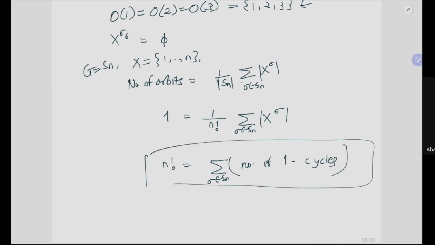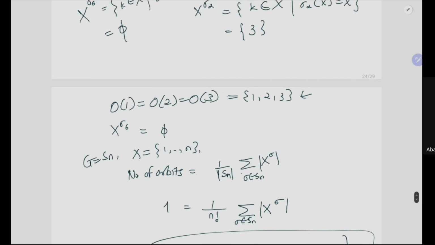So this is what we were looking for. I hope this is clear. The 1 cycles were in 1-to-1 correspondence with this sigma.